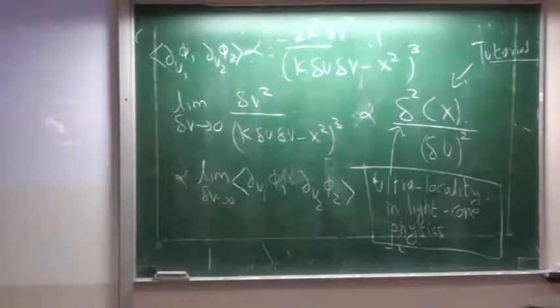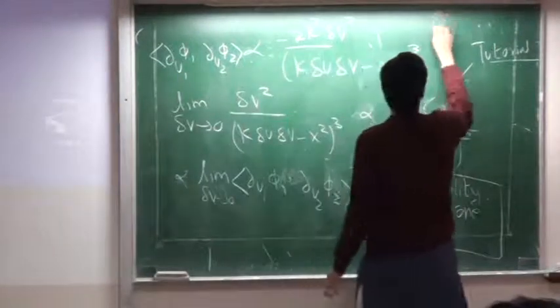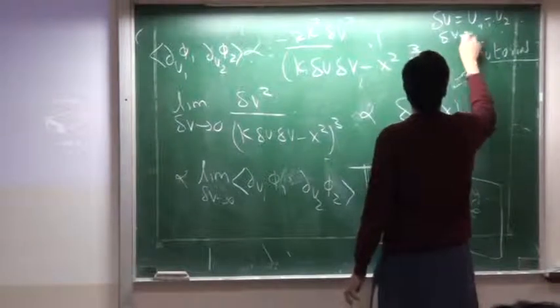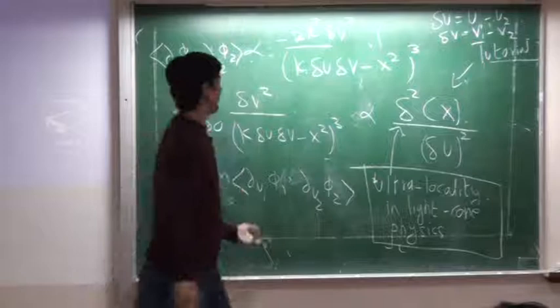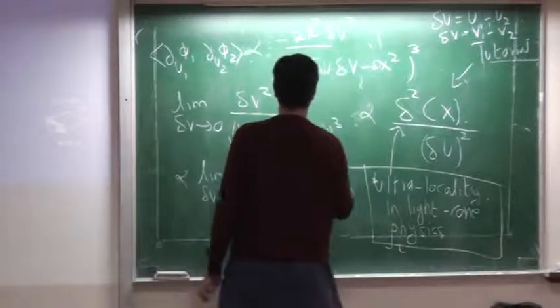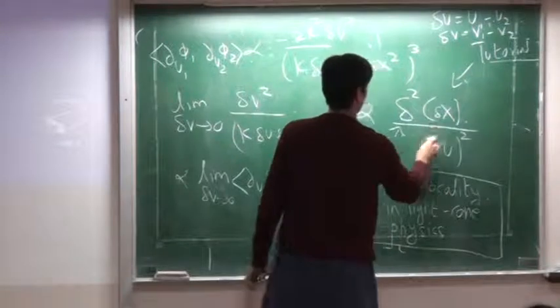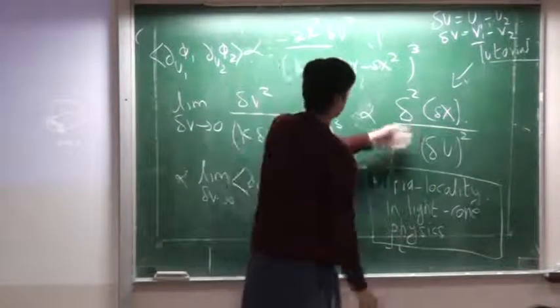Oh, sorry, I thought this was obvious. So I should write delta x. Sorry, this delta is the difference in the 2 x coordinates, and yeah.